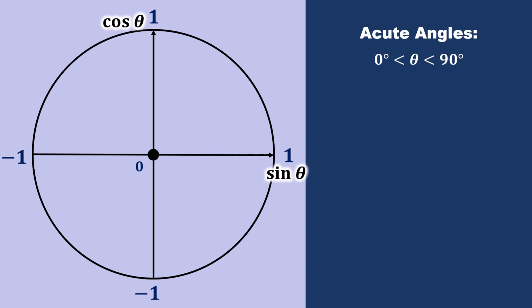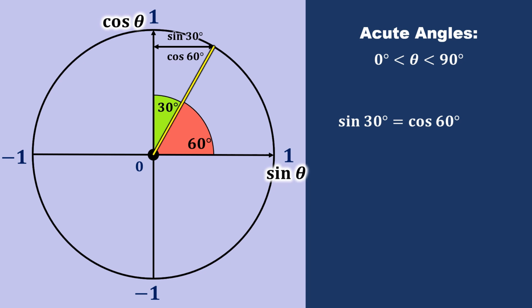Now let's go through the sine and cosine of some special angles, starting with 30 degrees. Sine 30 degrees is the same as the cosine of the complementary angle, which is equal to 1 over 2.